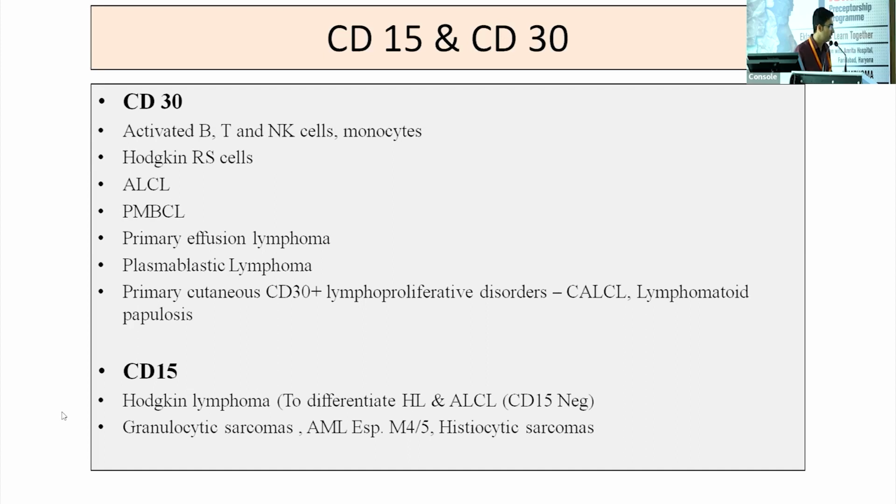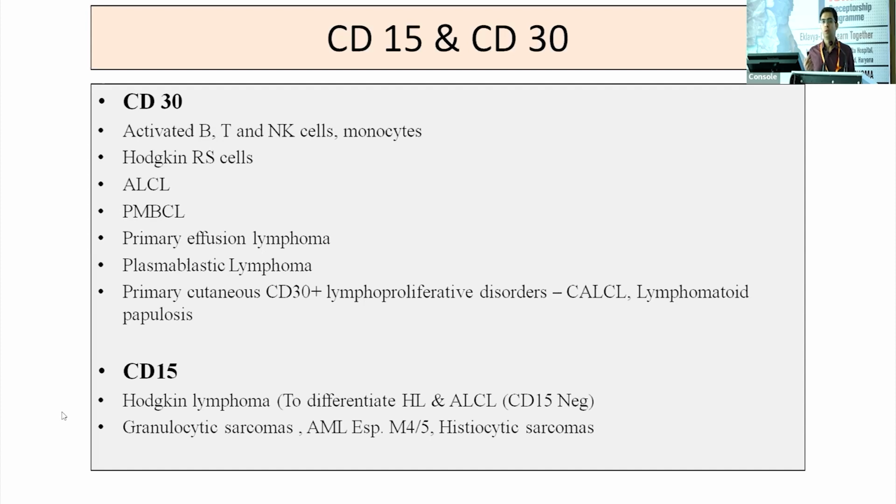Then CD15 is for Hodgkin lymphoma. And granulocytic sarcoma, I came across a case which was diagnosed as a mediastinal mixed germ cell tumor, and then later on, after 3 months, the patient presented with lymph nodes, and those lymph nodes were showing CD15 positivity and were negative for all other B cell differentiation markers.